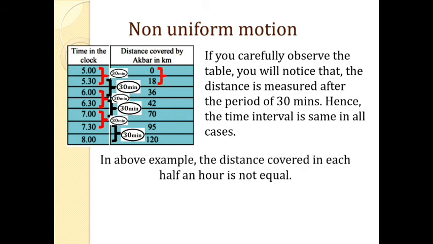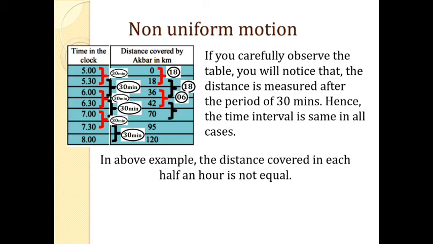In the first slot, 0 to 18, that means in the first half an hour, Akbar has covered 18 kilometers. In the second time interval, 18 to 36, again he has covered 18 kilometers. But in the third time interval, Akbar has covered only 6 kilometers.